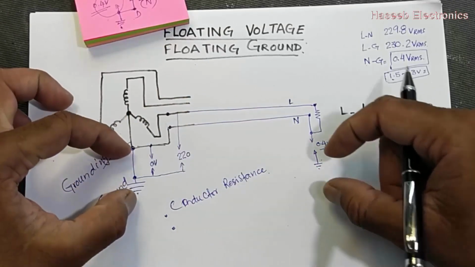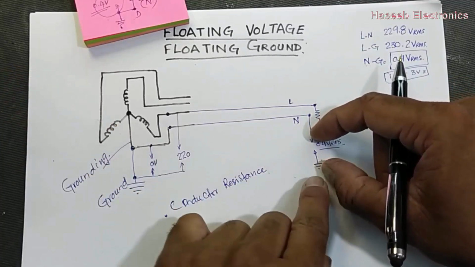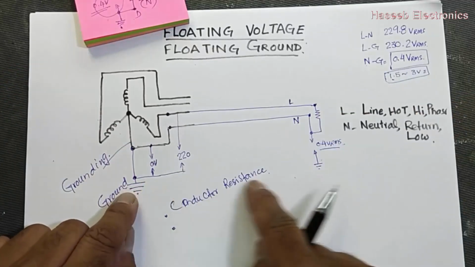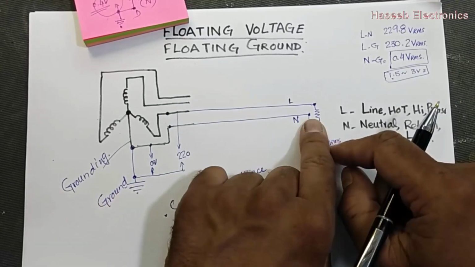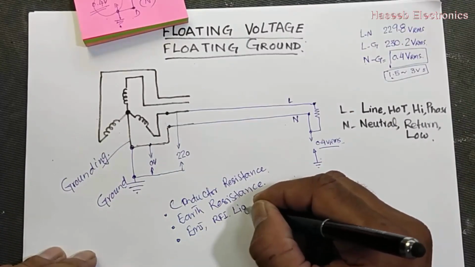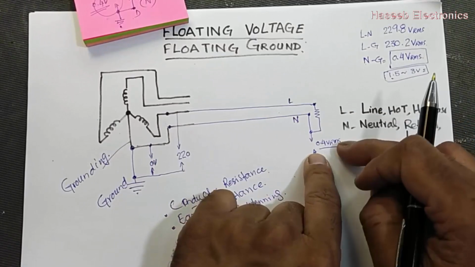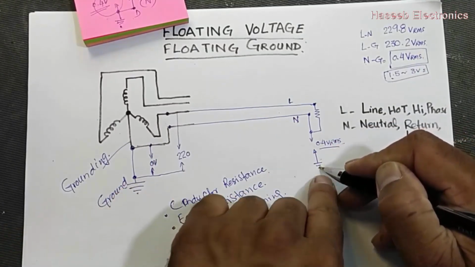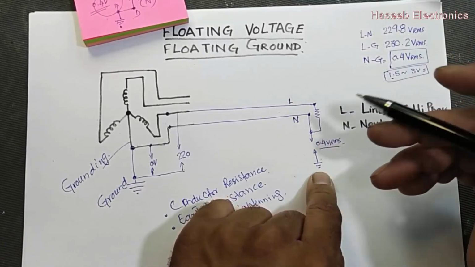So from this grounding point to the earth we have this resistance and this resistance, and between the earths there is a resistance, so earth resistance, the second parameter. Then the third parameter, that is EMI, RFI, lightning. These different parameters will cause this voltage to rise with respect to the reference point, and this raised voltage level is called floating voltage.